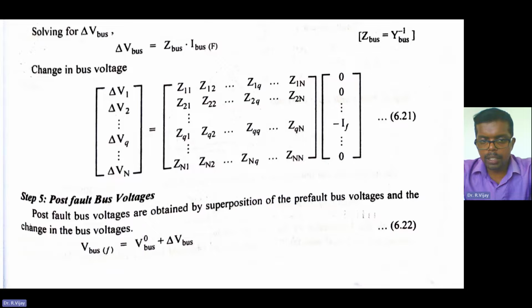As I said, the system is complex, so we can't find the exact change, because whatever fault happens will change the phase angle, the phase sequence, and the current. If the phase sequence changes, it automatically changes the frequency, and if the frequency changes, our entire system will collapse.